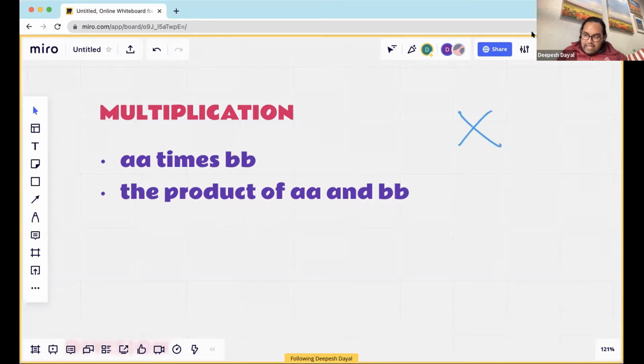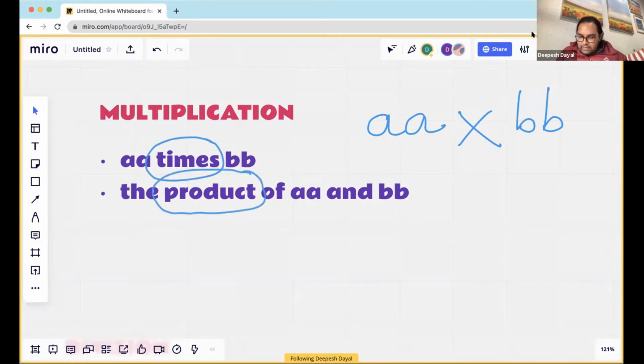And I've got A times B, which means it's A times B, like that. We've also got the product of A and B. So we use another word which is called product. So that will be also A times B for this one.